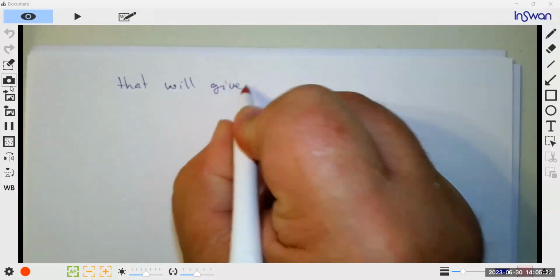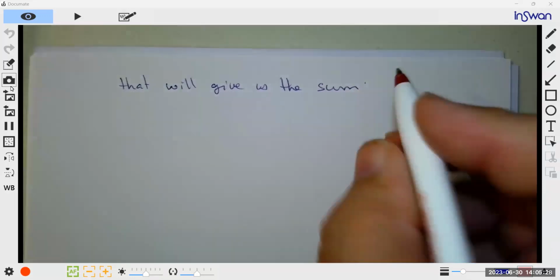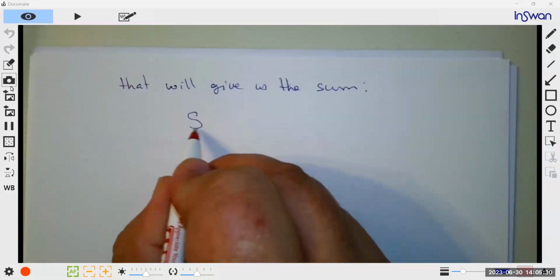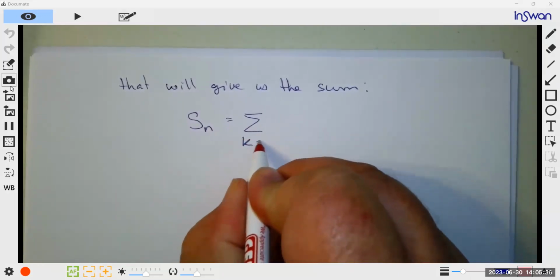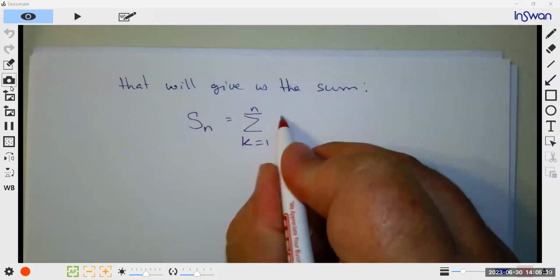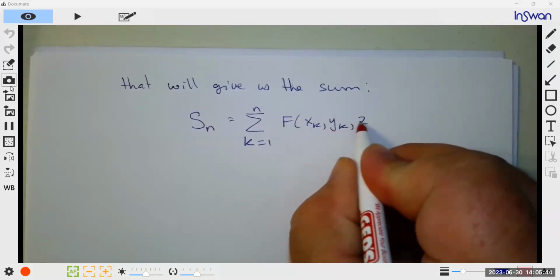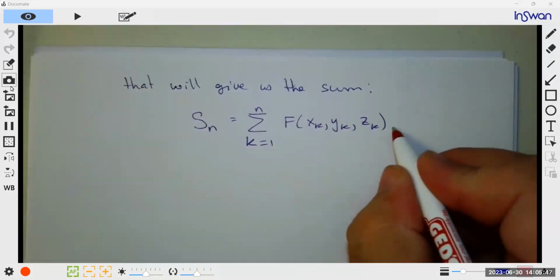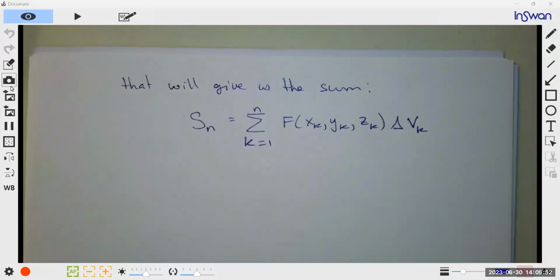That will give us the sum Sn. This is summation for k equals 1 to n of our function at each of those points times our delta v. When we add up all that, then we'll have the total volume of the whole object.